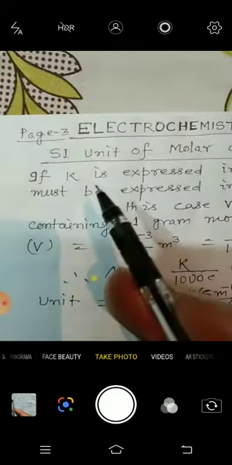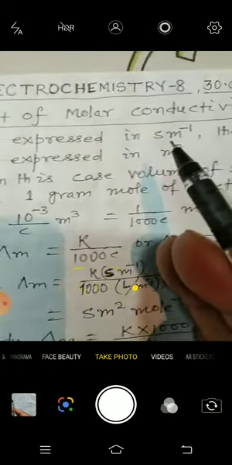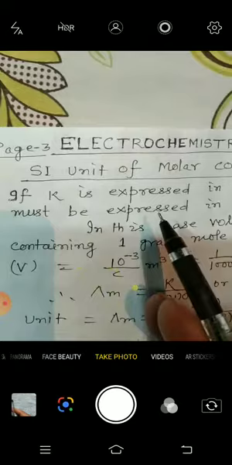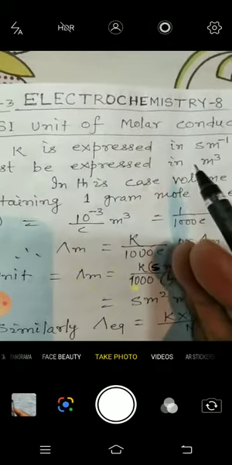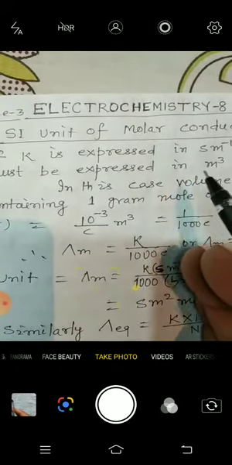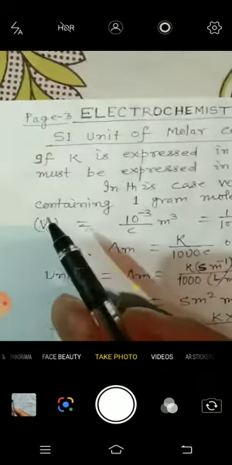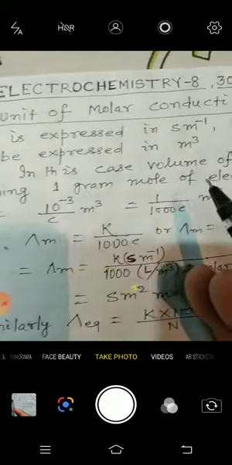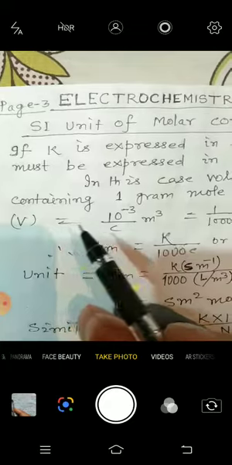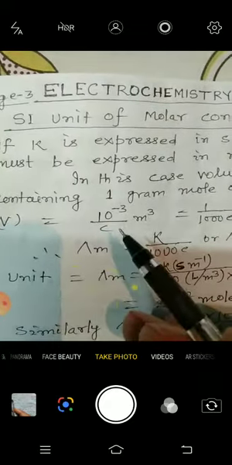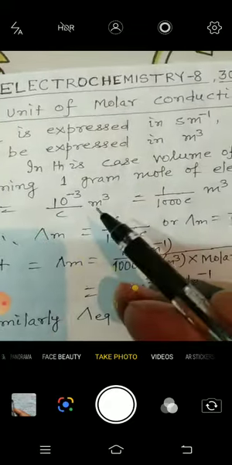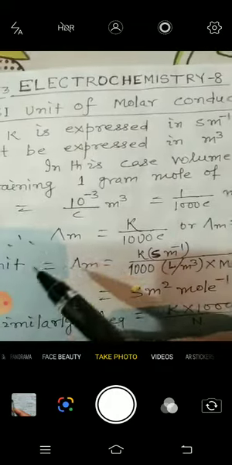For the SI unit of molar conductivity, if K is expressed in S meter inverse, then V must be expressed in meter cube. In this case, the volume of solution containing 1 gram mole of electrolyte will be equal to this, and it will come in the form of this.